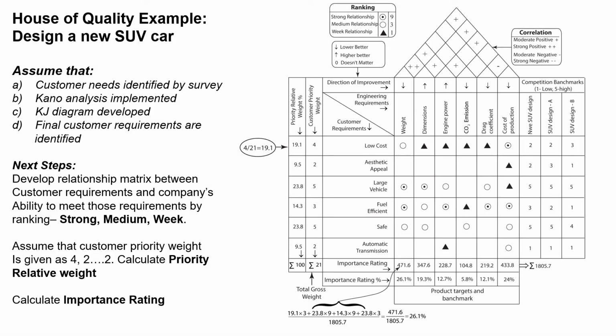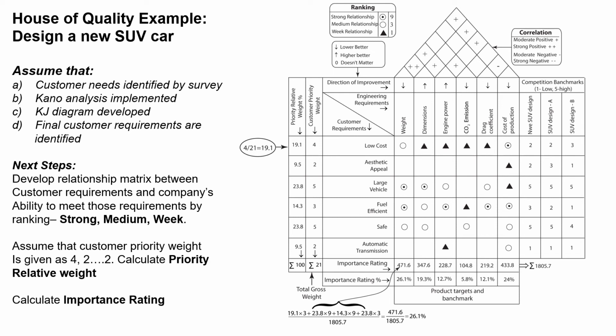So this is what the house looks like when it's filled out a bit more. Note, assume that the Kano analysis, we didn't do that this year, we just did the customer needs survey. So from your customer needs, or things from your team that you might have found from your research, you write a list of customer requirements, and then you have your engineering requirements across the top, and then you rank in this matrix a level 1, 3, or 9, weak, medium, or strong relationship for how much a customer requirement relates to the engineering requirement.